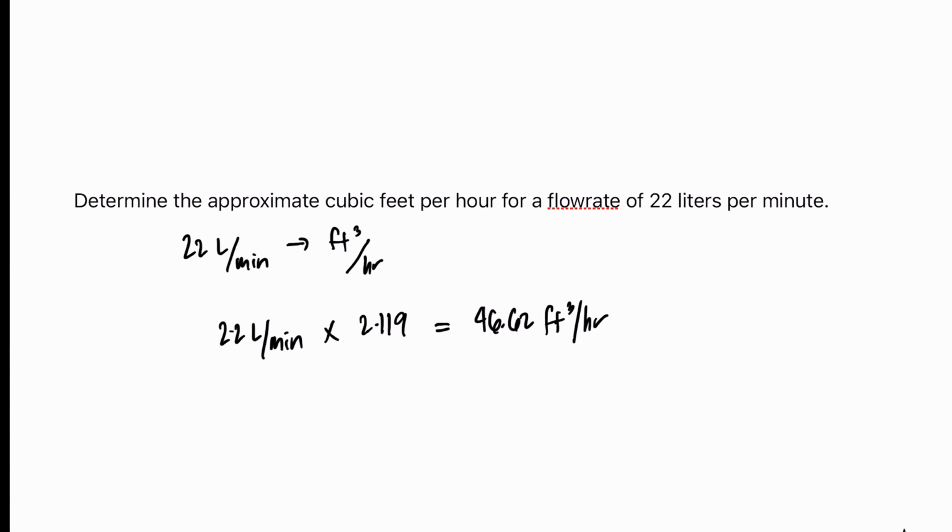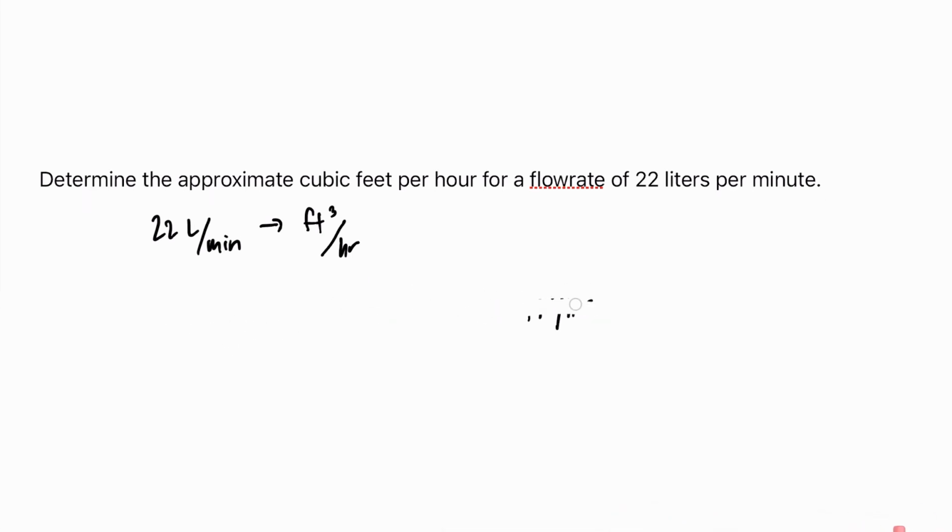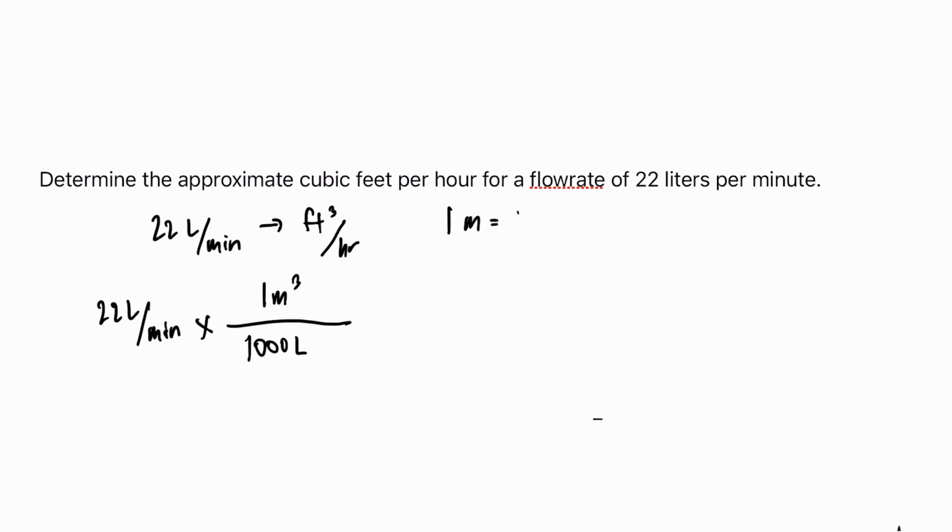So what if you don't want to memorize those charts? You'll need to find a way to convert liters per minute to cubic feet per hour. So 22 liters per minute. We all know that 1 cubic meter is equivalent to 1,000 liters. And 1 meter is equivalent to 3.28 feet.